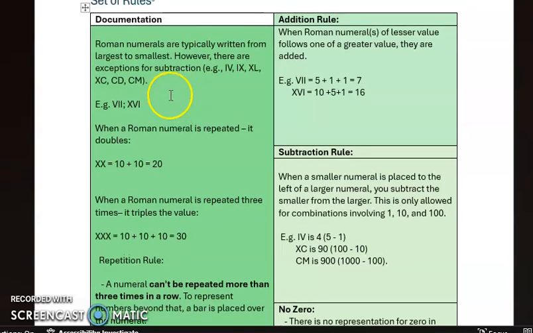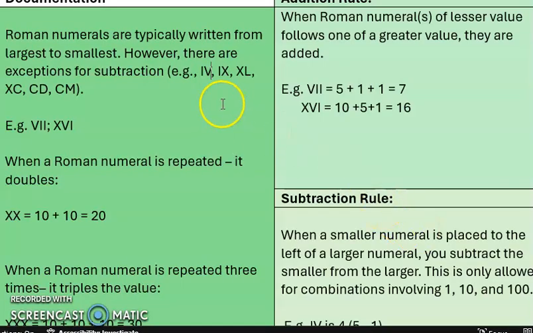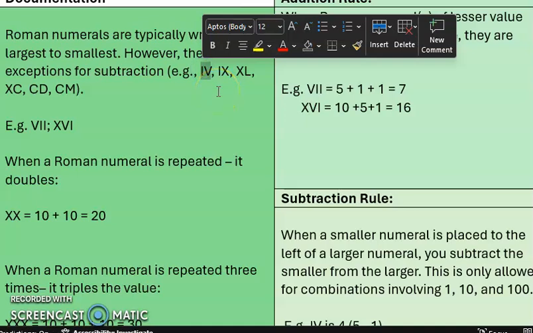Now let's look. So if we are using IV, the smaller number comes before the V, which means that you're subtracting 1 from 5, and this actually means 4.